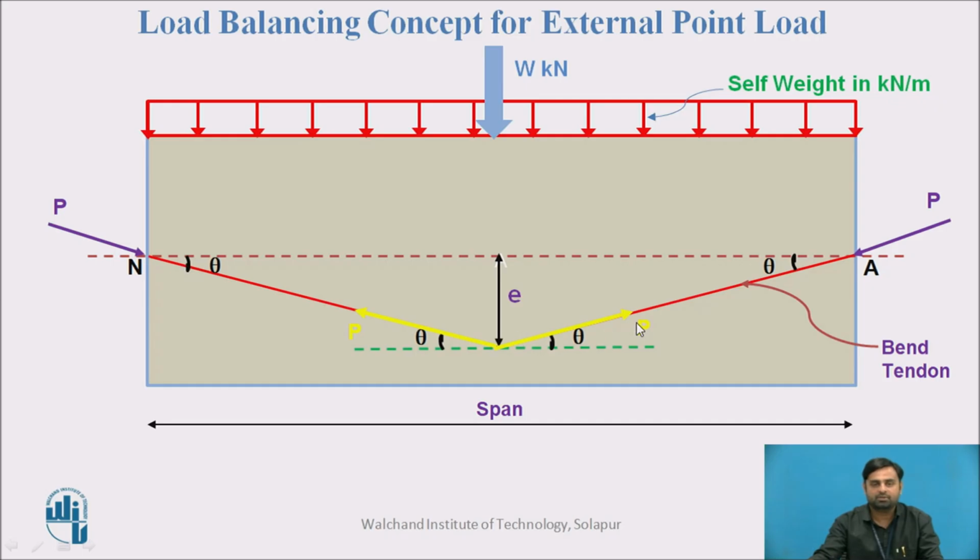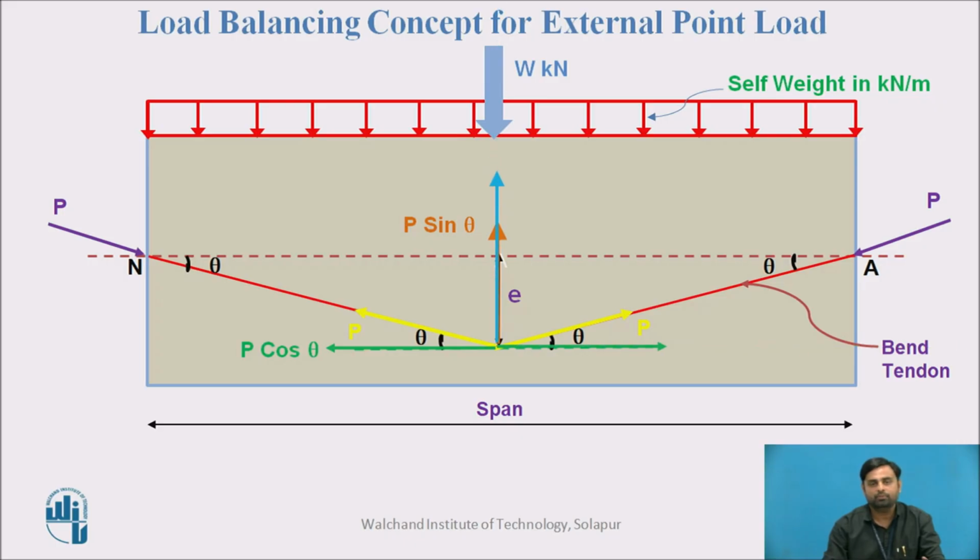This force P is inclined at an angle theta. As theta is very small, it is an acute angle. Now we can resolve this force P into two components, one horizontal and the other vertical. The horizontal component is P cos theta, and the vertical component is P sin theta.